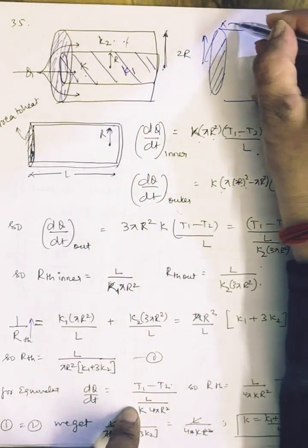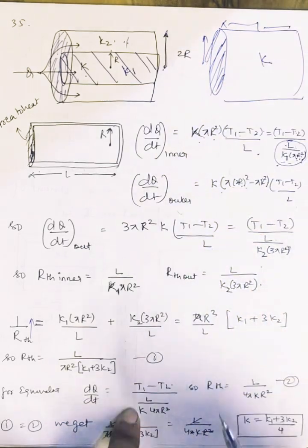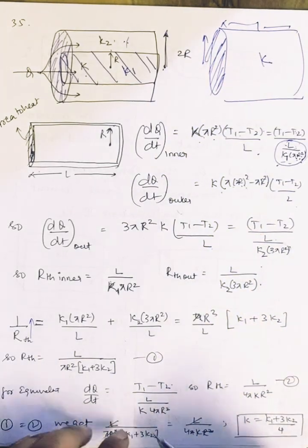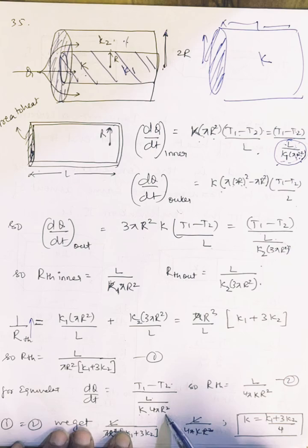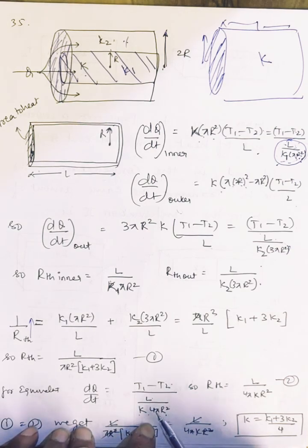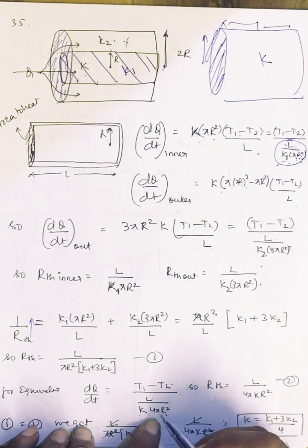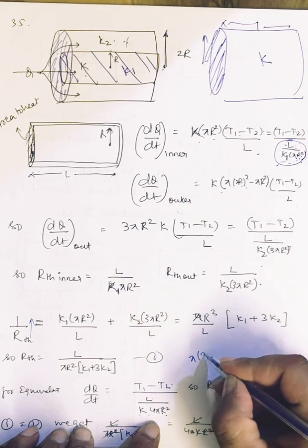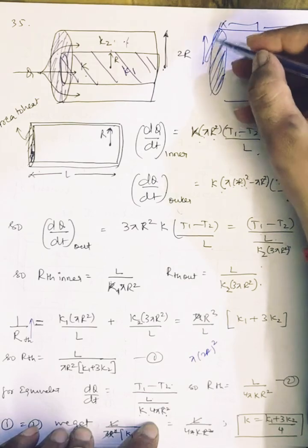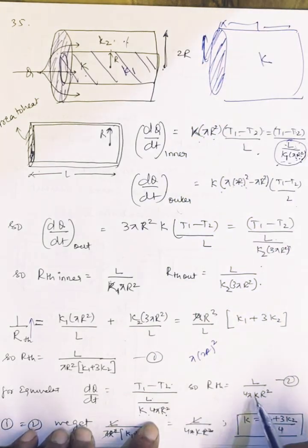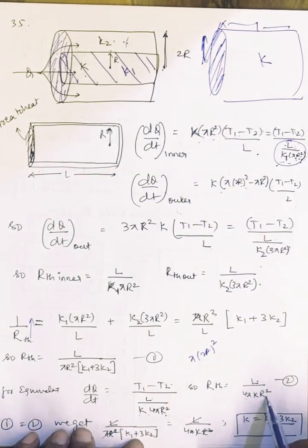L, the length, is not changed. Only the area is written because it's a whole single block. So L upon K pi 2r whole square, because the radius is 2r for this. So we get R thermal as L upon 4 pi r square K.